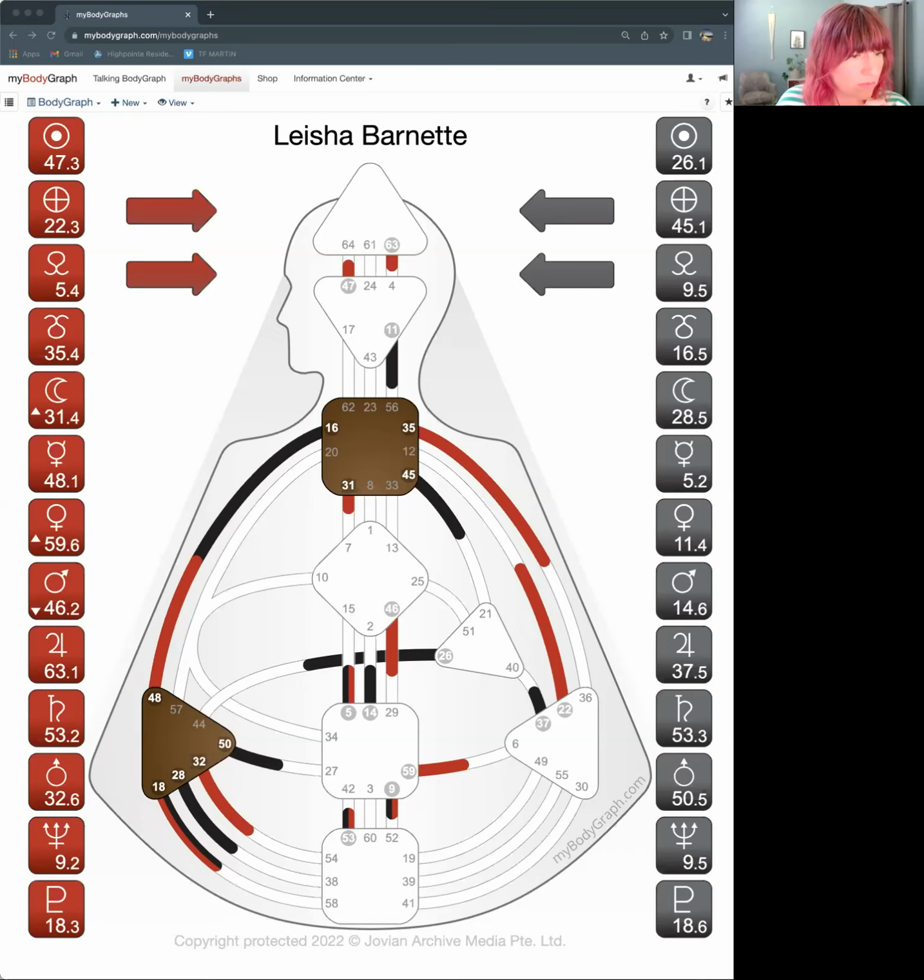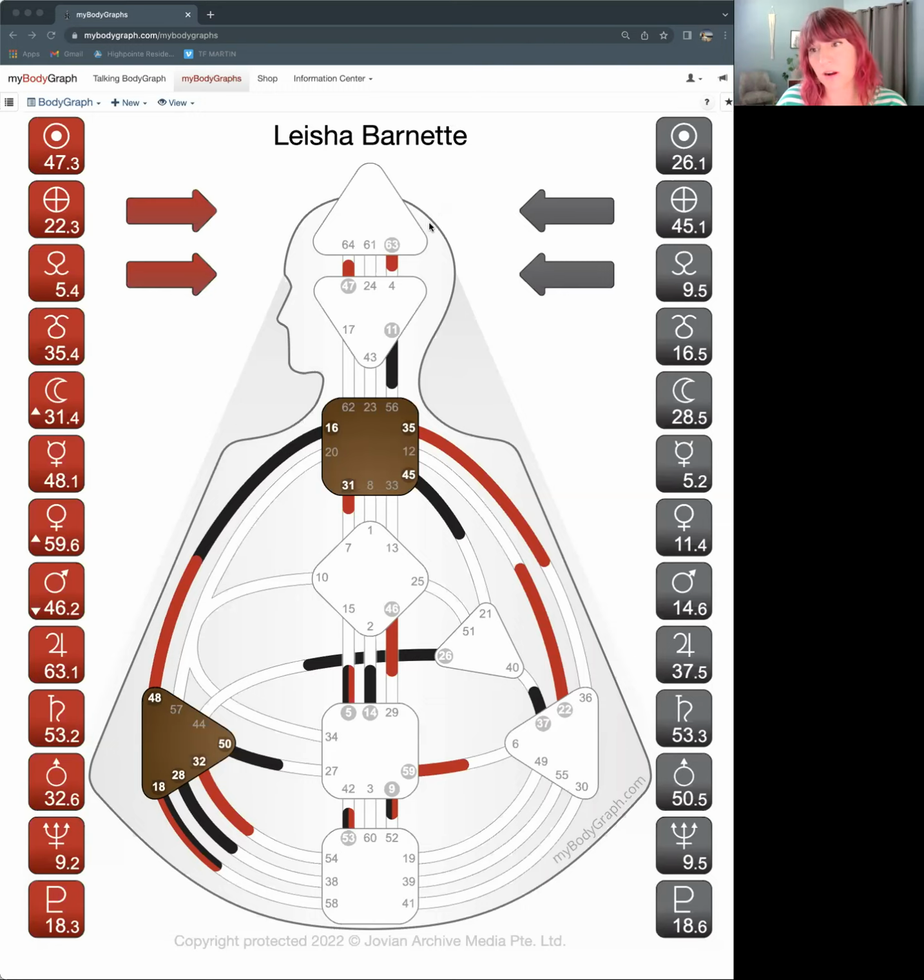Okay, so as we said, the head and ajna really work together as the mind. Obviously this head center is where all the ideas and information come in from the collective consciousness, from the transits, from the planets, from other people, and there's this pressure to transform those ideas into reality, ultimately into action, right?